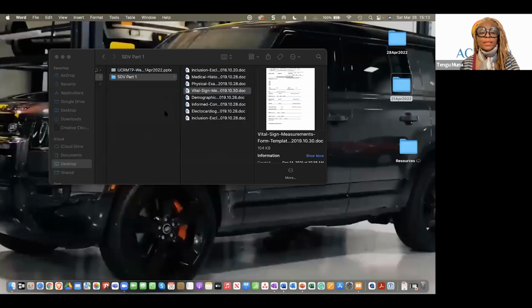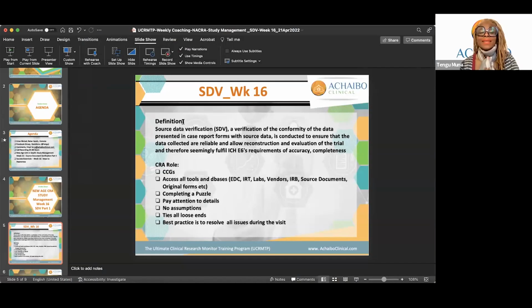So the point that I want to make is that you are basically sharing this information, okay? Not sharing this information, you're source verifying it. Okay, you're source verifying this information, looking at the data, and you're comparing it with all the other documents.